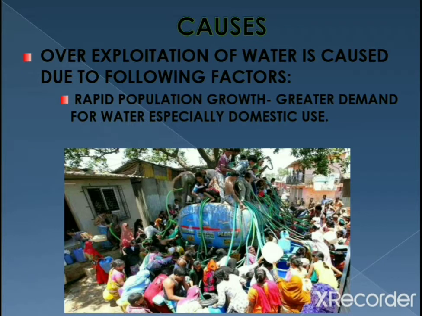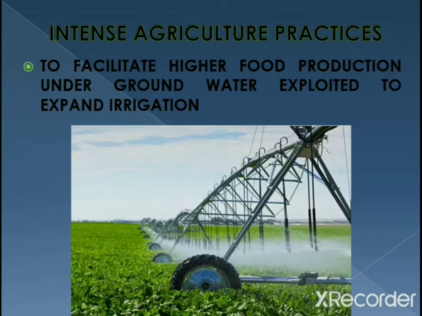Let's look into the major causes of stress over water scarcity in our world. Overexploitation of water is mainly caused due to rapid population growth. As we know, the greater demand of water will increase with the increasing population, especially over domestic use, and has put pressure on the freshwater resource.